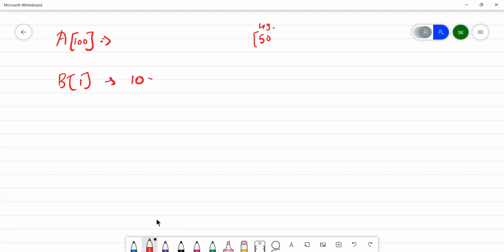Or let's suppose I make it 1000, then you have to traverse up to 500. So if it is 1000, I pick up the 500th element and then compare with the B1.